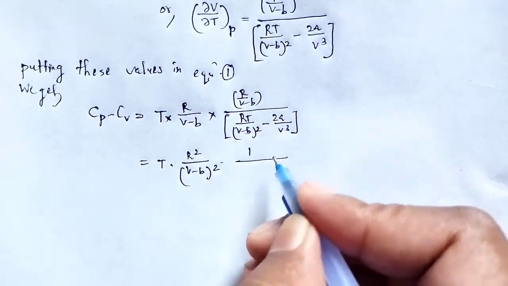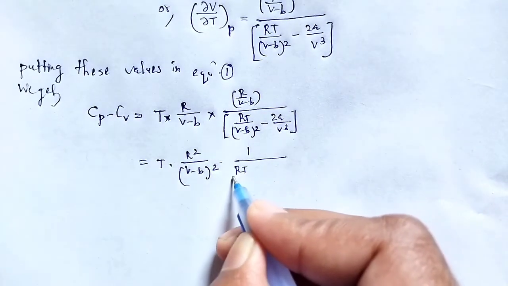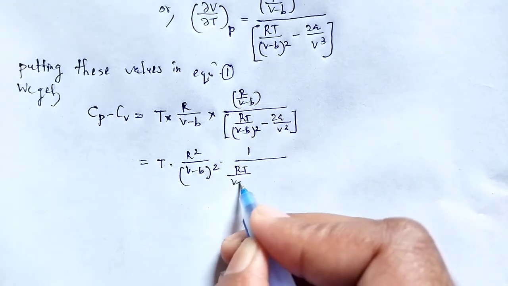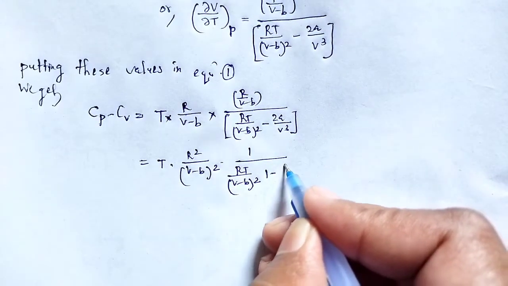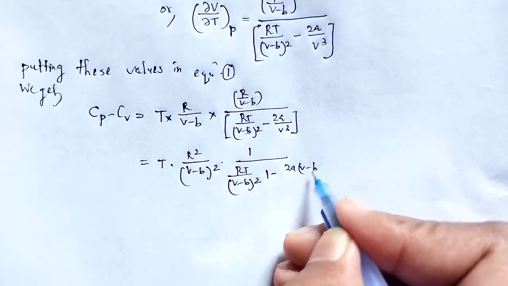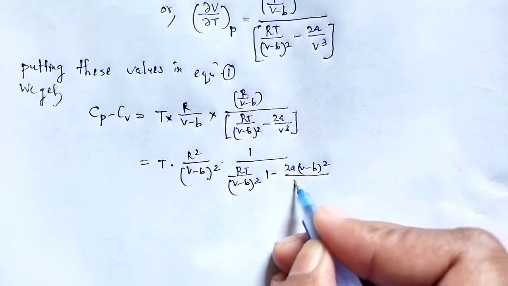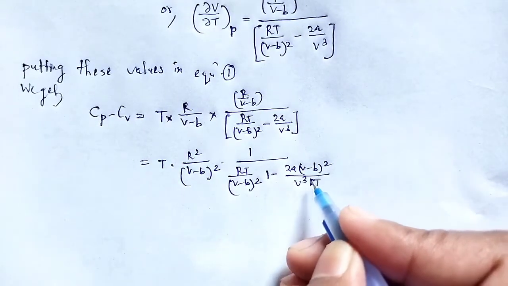In that bracket, taking RT divided by V minus b whole square common, so 1 minus 2a into V minus b whole square divided by V cube into RT.